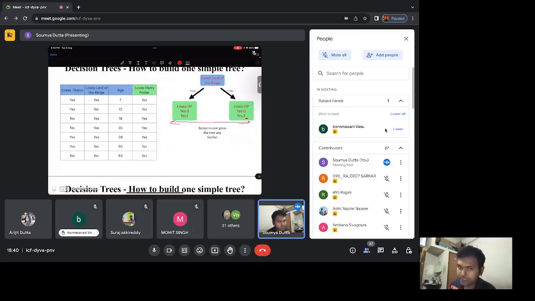Therefore it's best to keep your tree at this point only. You don't need to grow your tree any further. So finally your decision is something like this: anybody who loves Lord of the Rings also will love Harry Potter. Anybody who doesn't love Lord of the Rings won't love Harry Potter. That is your final decision.